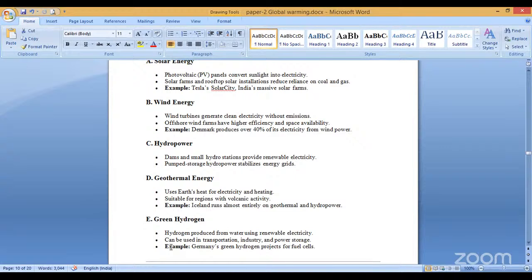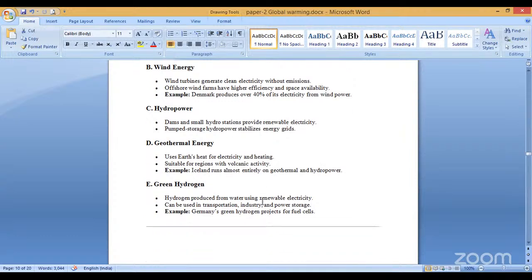An example is Iceland, which runs almost entirely on geothermal and hydropower.